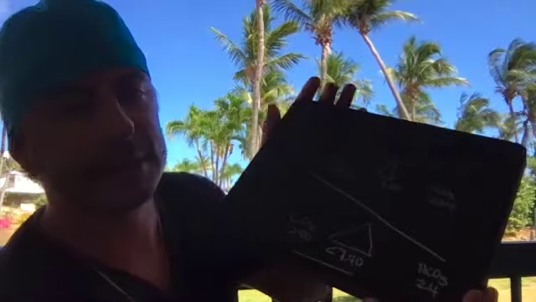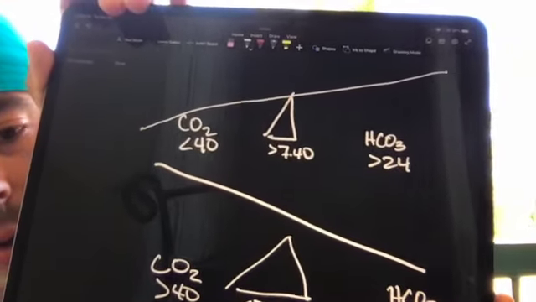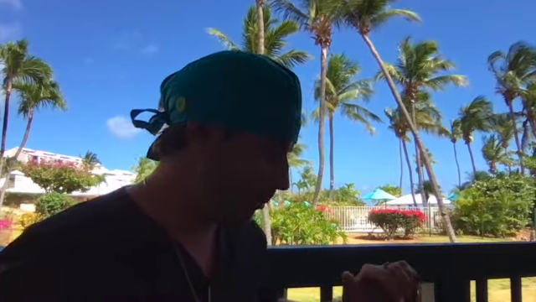You get the opposite look on the balance beam. So, excuse the crude drawings, but that's what we got. Okay, so CO2 greater than 40, pH goes down. A bicarb less than 24, pH goes down.